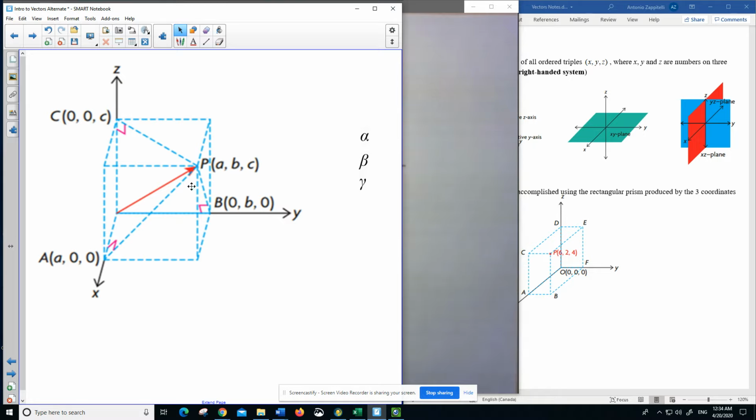We take the vector here and we describe it using the angle to the x-axis, which we call alpha. Then we use the angle that it makes to the y-axis, which we call beta, and the angle to the z-axis, which we call gamma.